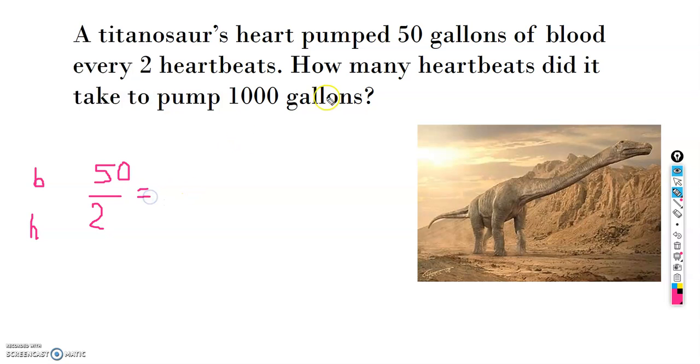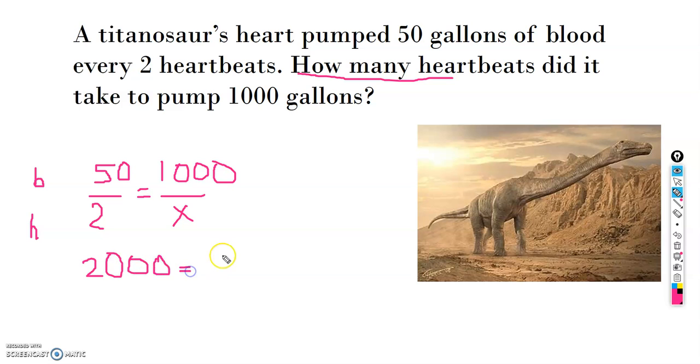How many heartbeats? This is what I don't know, the number of heartbeats, so the bottom is my x. How many heartbeats did it take to pump 1,000 gallons of blood? My blood goes on the top since that's where I started it. Multiply, divide by the odd man out. So 2 times 1,000 is 2,000. 50 times x is 50x.